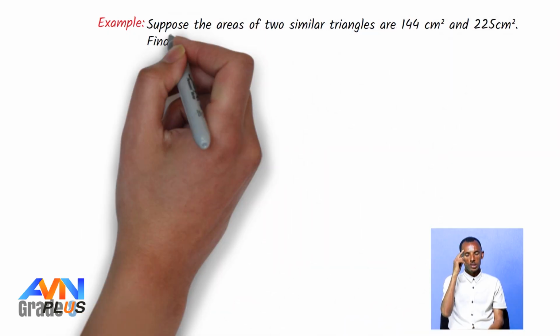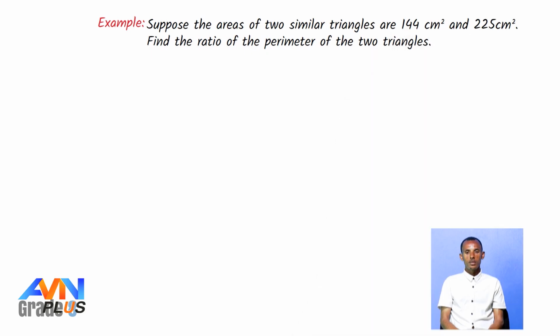Suppose the areas of two similar triangles are 144 centimeter square and 225 centimeter square.